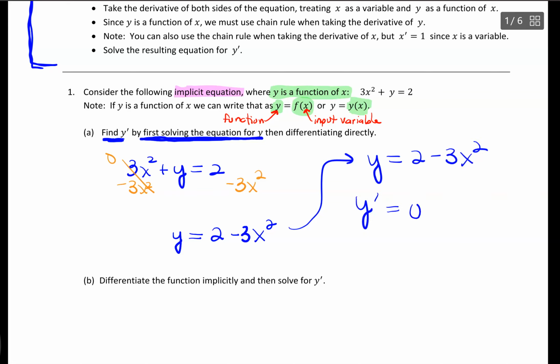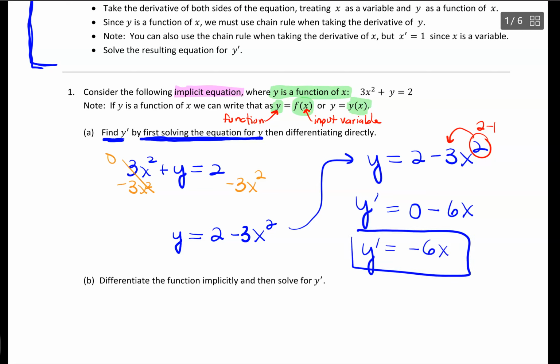Well, the derivative of 2 is a constant, so that's zero. I'm going to do my power rule over here. I'm going to get negative 6x to the first, so don't write it. So y prime is negative 6x. So if you can get the y alone, do it, because then you're more comfortable. This is what our derivatives have been looking like, right?